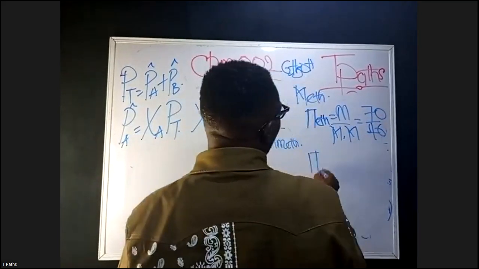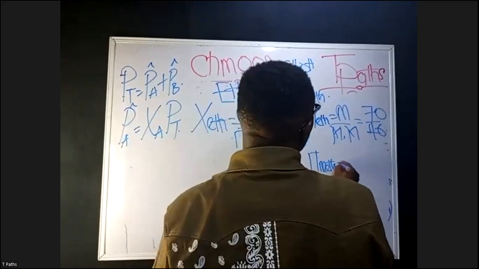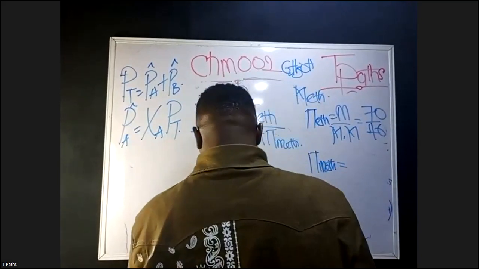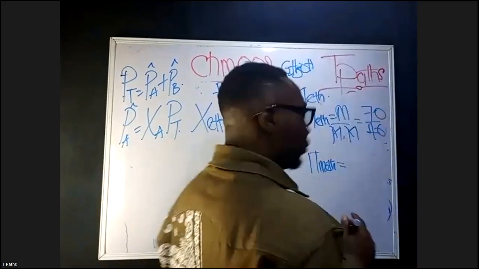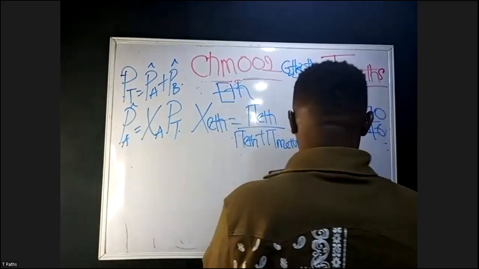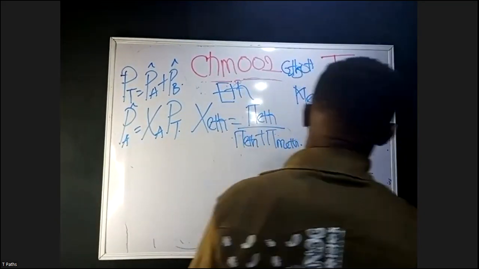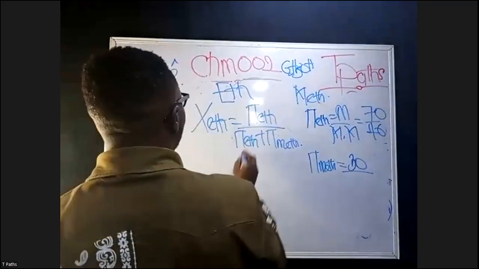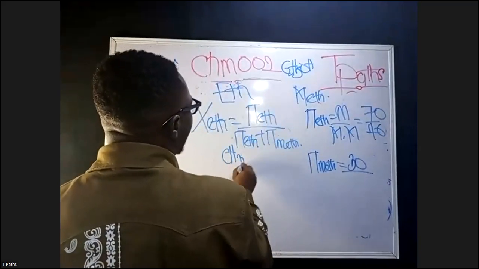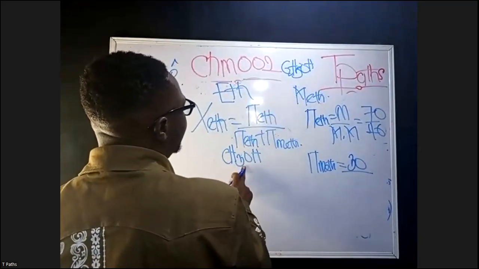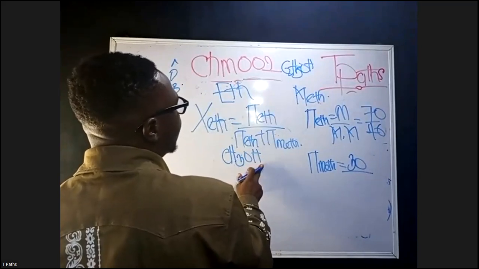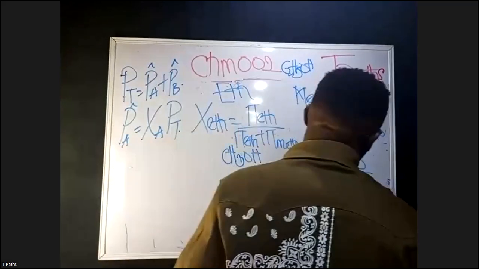The number of moles of methanol, let's quickly do that too, will be the mass over the molar mass. What is the mass of methanol? That is 30. What is the molar mass of methanol? Methanol is CH3OH. That is 12 plus 3 is 15, plus 1 is 16, 16 plus 16 is 32.